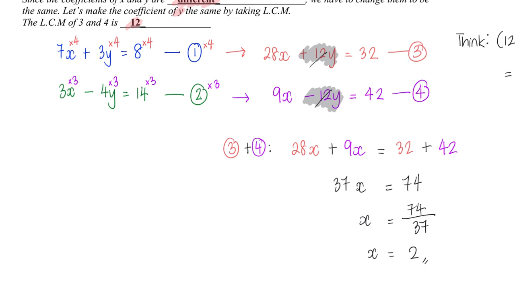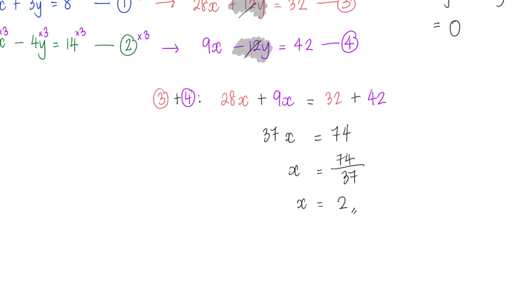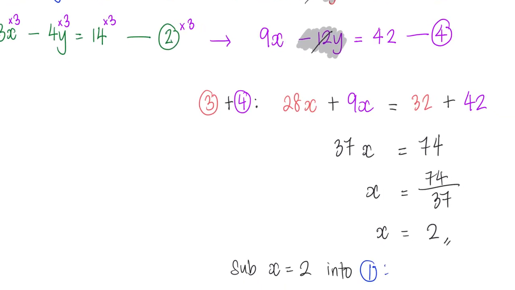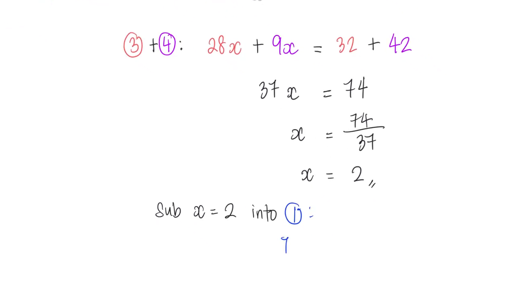So substitute x equals 2 into my equation 1, where my equation 1 is 7x plus 3y equals 8.